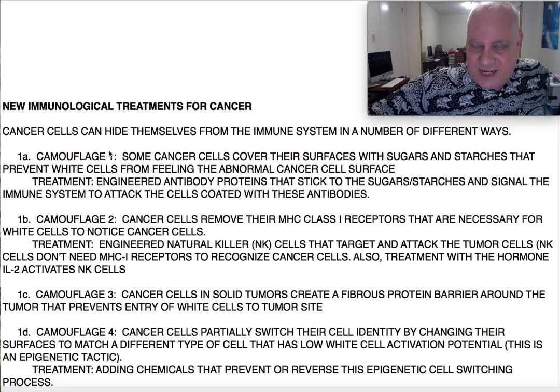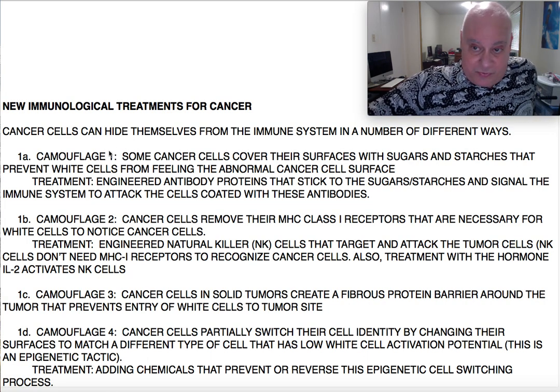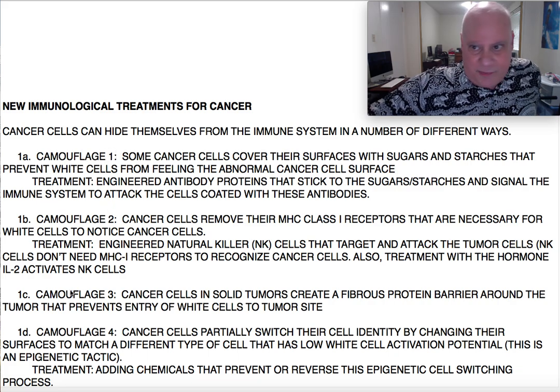A lot of the protections that cancer cells develop to defend themselves against your immune system is various forms of what are called camouflage. That is, they hide themselves from the immune system so that the immune system can't recognize them as abnormal or as cancerous. So one common tactic is cancer cells cover themselves with sugars and starches which are found on normal cells.